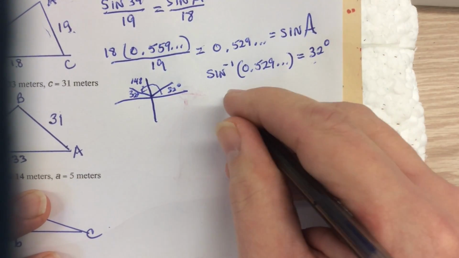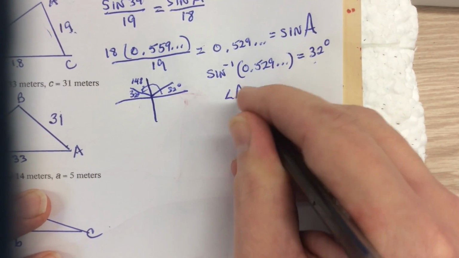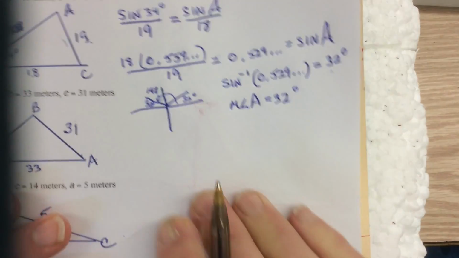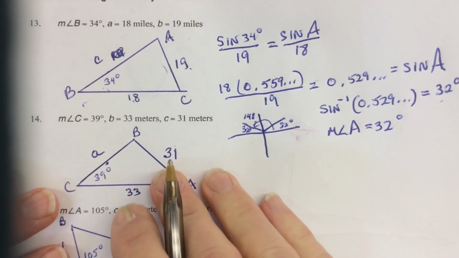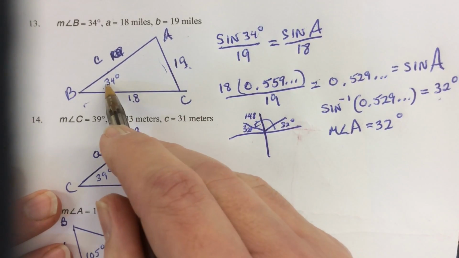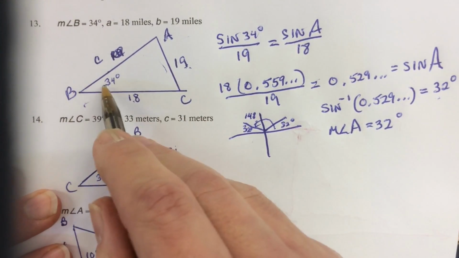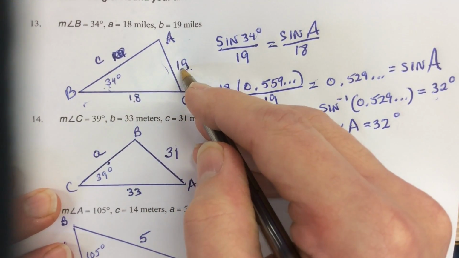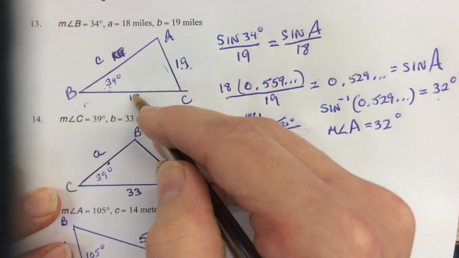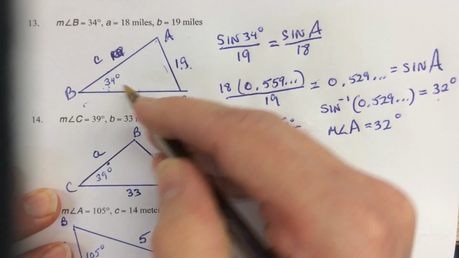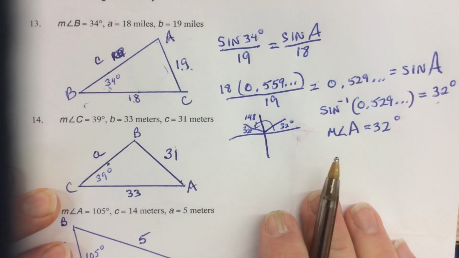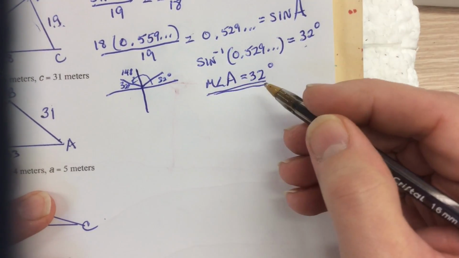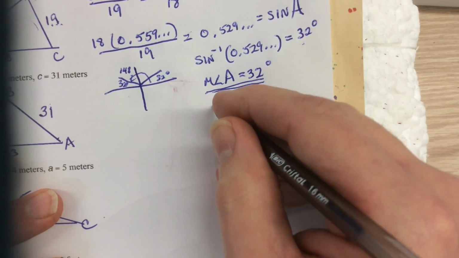Looks like the measure of angle A will be 32 degrees, but let's see if that works here. If the measure of angle B is 34 degrees and the side is 19, then the angle across from a side of 18 has to be less than 34. So it can't be 148. That is the answer to that one.